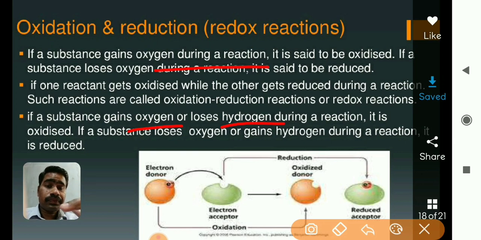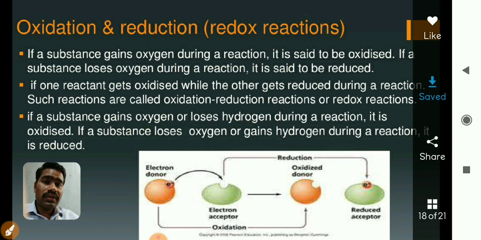At the same time, loss of hydrogen is also called oxidation. If the substance loses oxygen and gains hydrogen during the reaction, then it is the opposite of oxidation, that is reduction. So there are three definitions of oxidation.